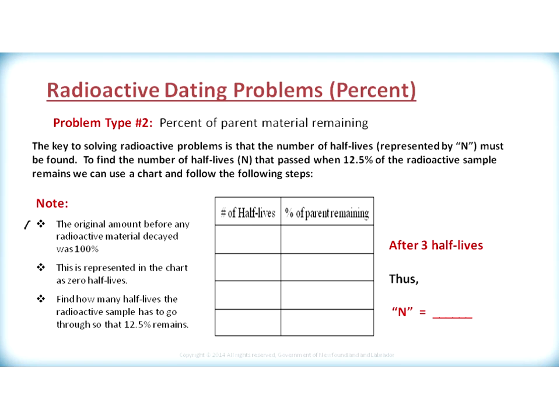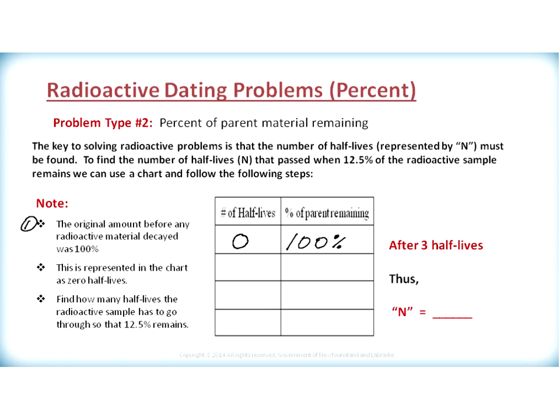First, the original amount before any radioactive material decayed, we note as 100%, because all of the radioactive material is present before any half-lives. This is represented in the chart as 0 half-lives. So we start out with 0 half-lives, and our percentage of radioactive material will be 100%.